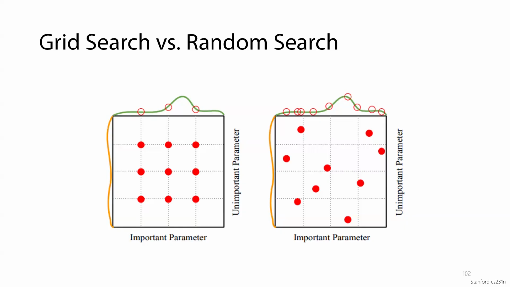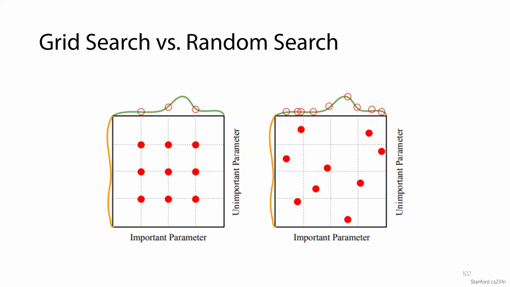But the argument here is that the random search, the sloppier version of search, is a better way of finding the optimal hyperparameter setting. Because A, not all parameters are equally important. There's got to be some predominant parameter. So like in this situation, the one in this direction is an important parameter, and the vertical direction is an unimportant one.